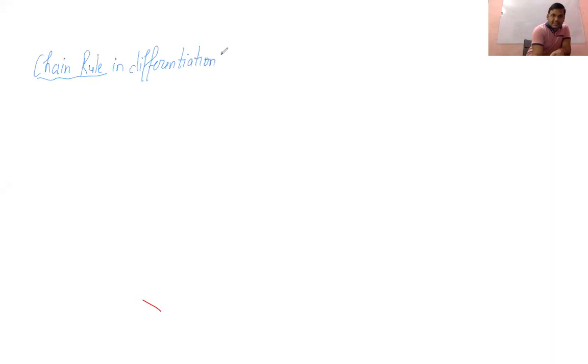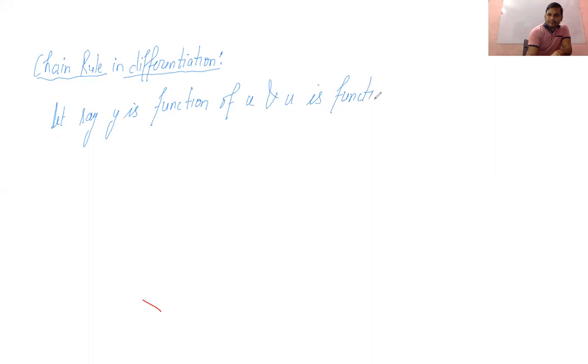What is basically chain rule? We have to see it. So chain rule is defined like this. Let's say y is a function of u, and u is a function of x.